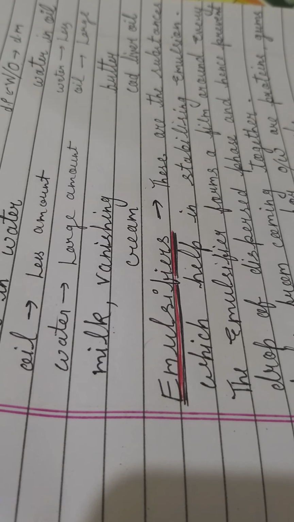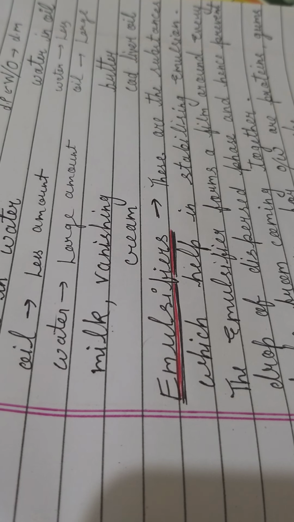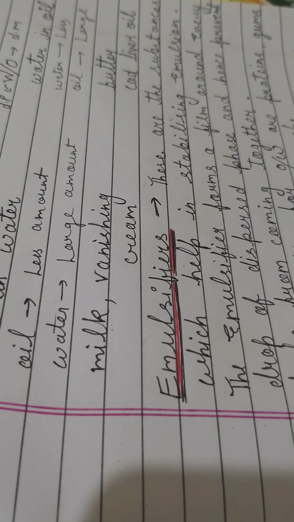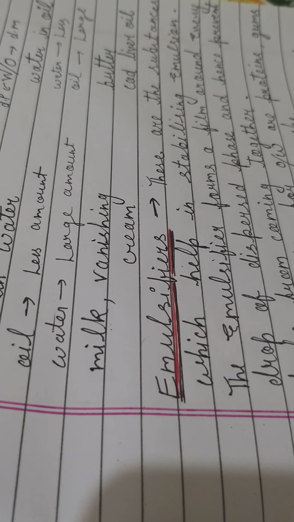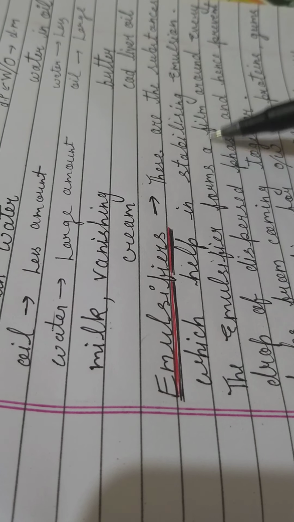Now we have to understand the next thing, emulsifiers. Emulsifiers are the substances which are helpful in the emulsifying process. Emulsifying means that it helps in the formation of emulsion. So these are the substances which stabilize the emulsions. The emulsifier forms a film.